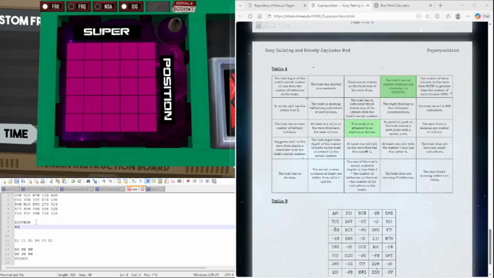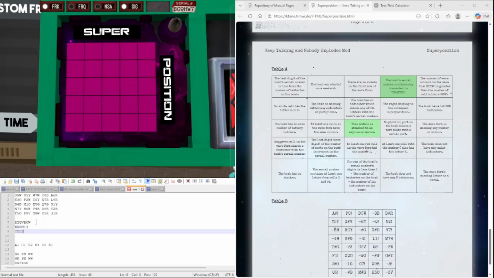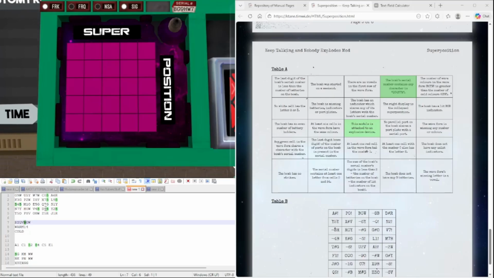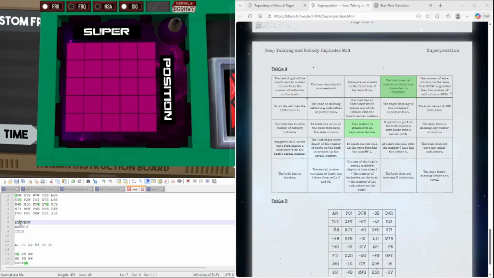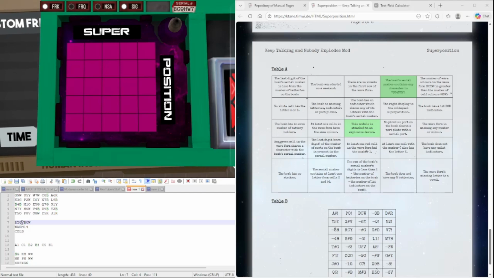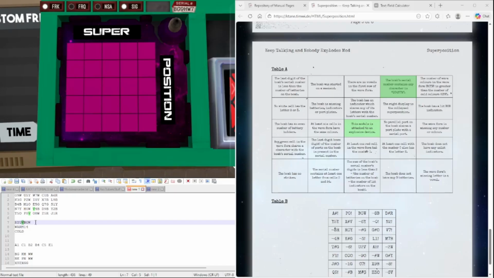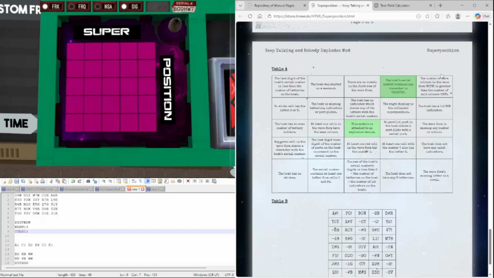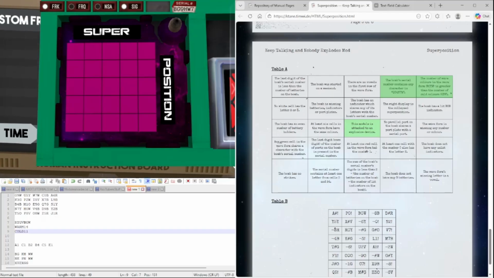So warm is 14, cold is the other, G, B, V. 1 through 10, then 1 through 10, 11. So, yes, warm colours is greater than cold colours.